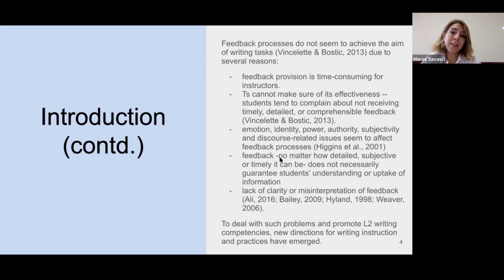Here is another thing: feedback, no matter how detailed, subjective, or timely it can be, doesn't necessarily guarantee students' understanding or uptake of information. Or there might be lack of clarity or misinterpretation of feedback. So not understanding is one problem, misunderstanding is another problem.